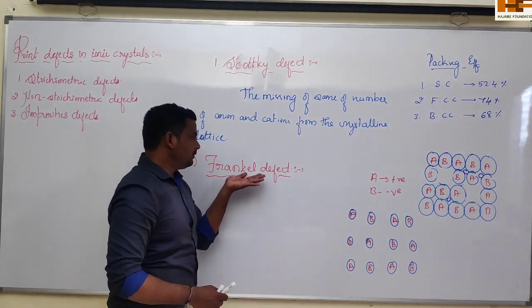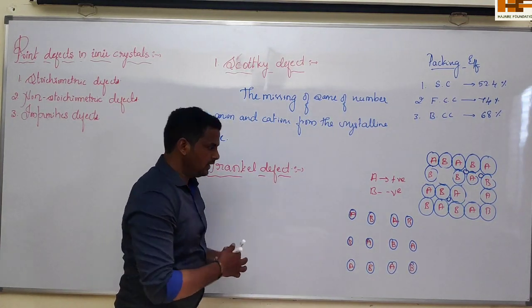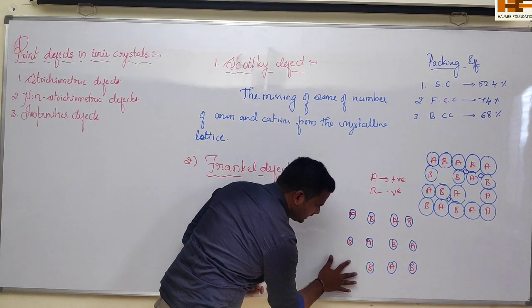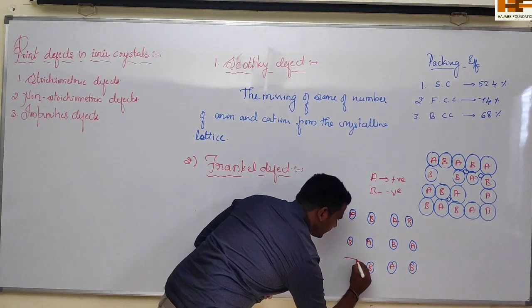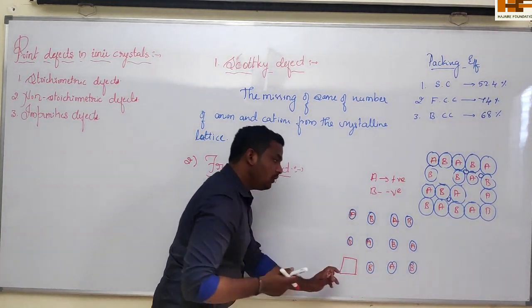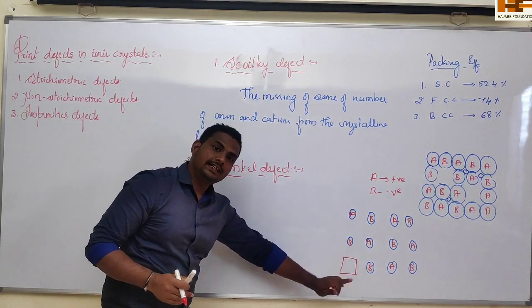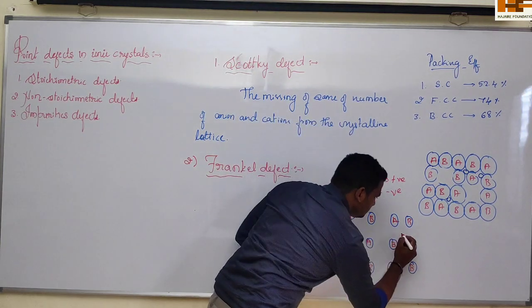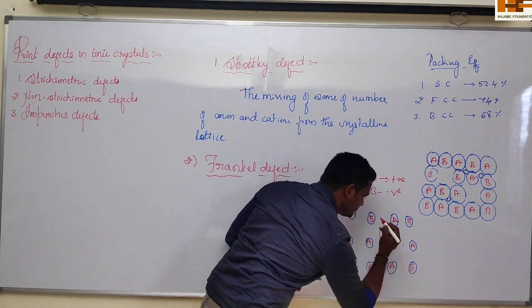When it comes to the Frenkel defect, what happens here? The cation is missing from this space or this lattice site, so this becomes vacant. But it will not leave the crystal; rather, it will occupy the interstitial space, somewhere here in the crystal only.